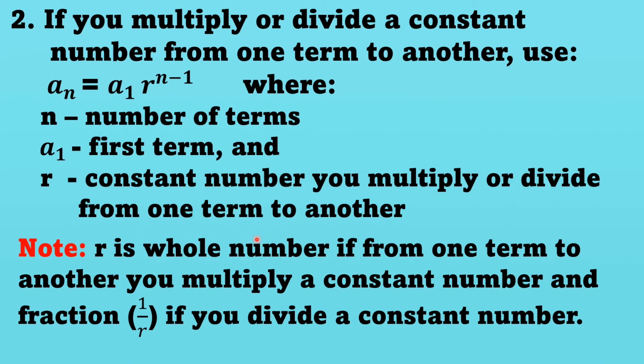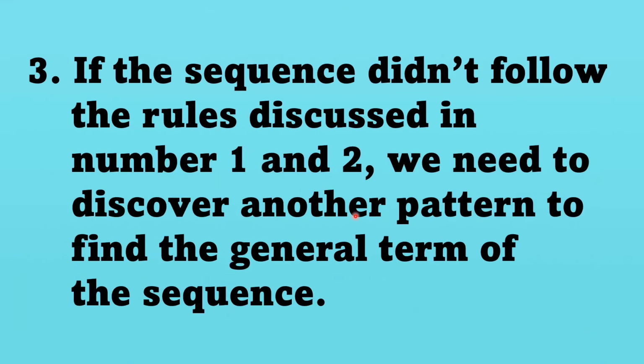Note, r is a whole number if from one term to another you multiply a constant number, and it is a fraction if you divide a constant number. Number 3, if the sequence didn't follow the rules discussed in numbers 1 and 2, we need to discover another pattern to find the general term of the sequence.